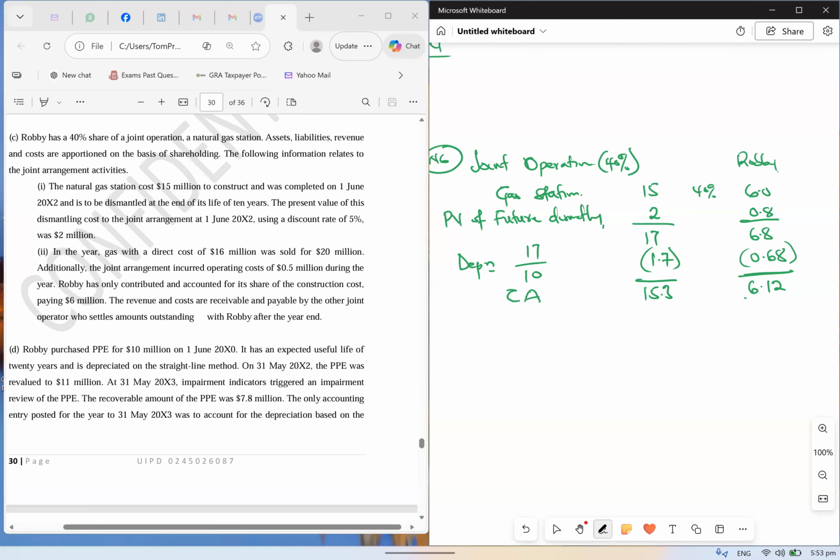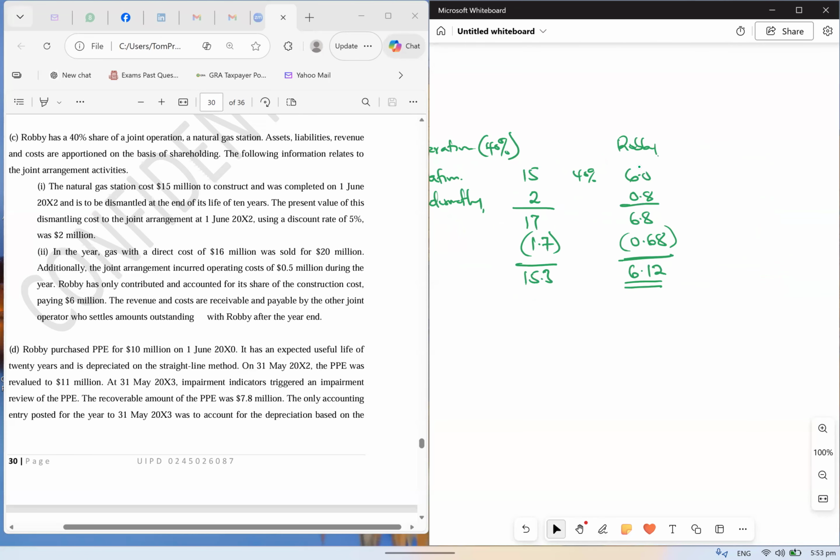So it means he shares in this one. So you will debit your PPE again. He shares in this one, a debit of PPE that you will get. All right. So that is that. So you will debit your PPE with 6.12. Take note of that. So that is what you need to note at that portion.